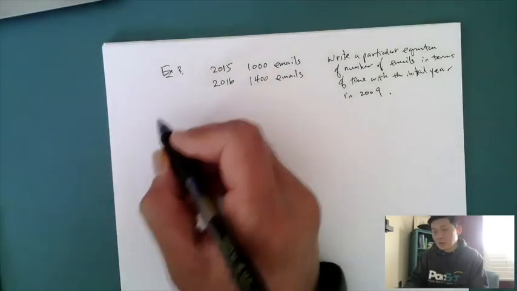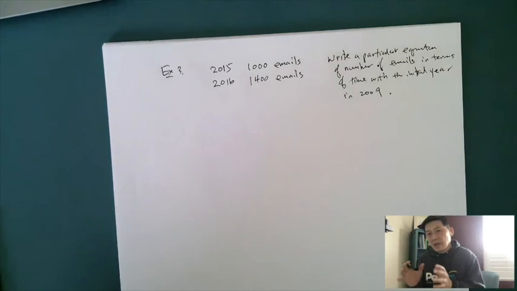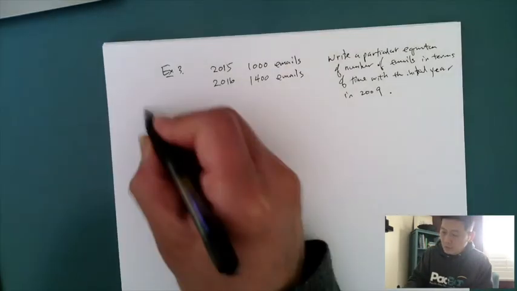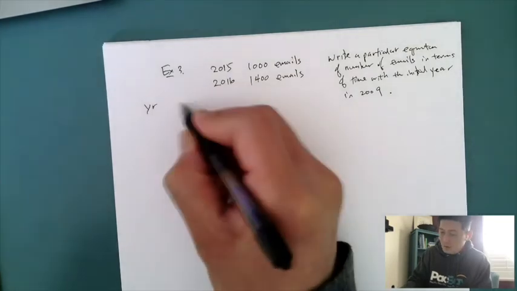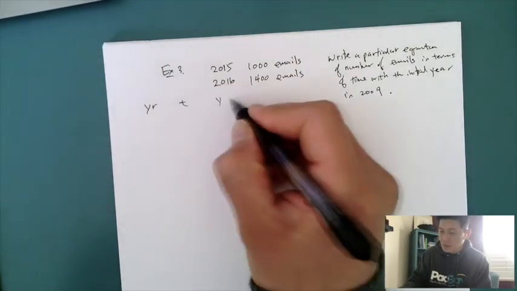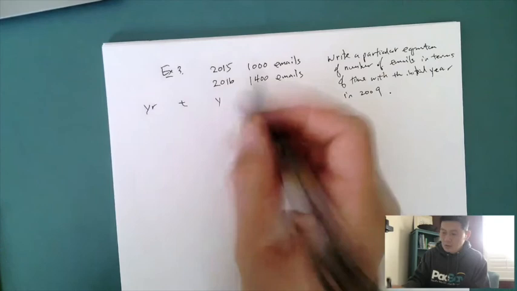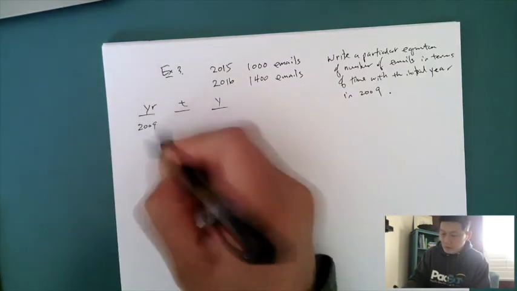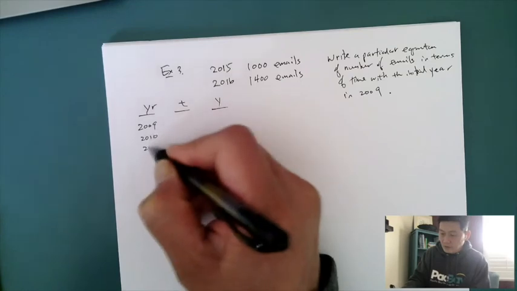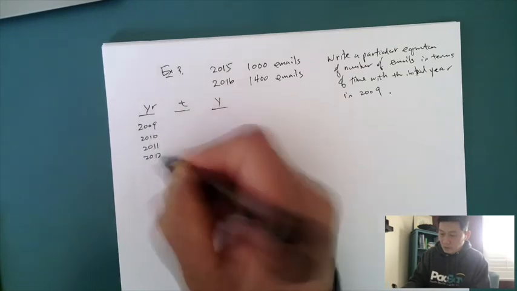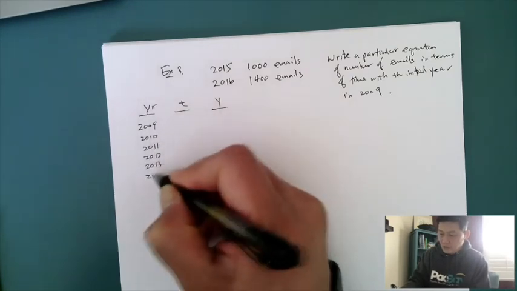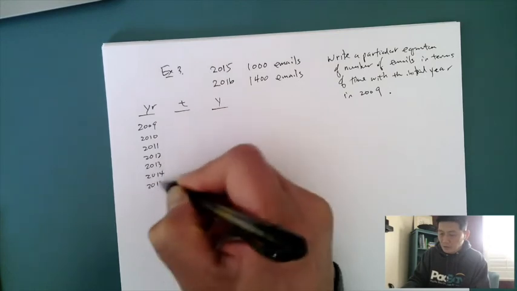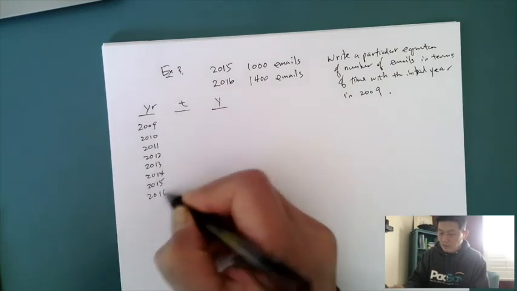Again, I go back to try to organize my thoughts by putting this data together. So I'll do year, T, and Y. Y is the number of emails. And I will actually go back to 2009, 2010, 2011, 2012, 2013, 2014, 2015, 2016.